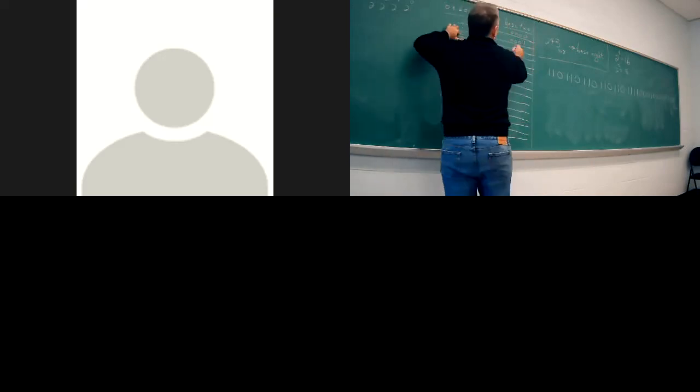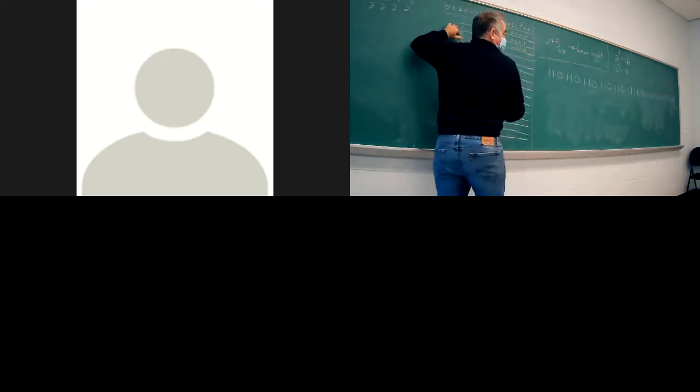So 1 is 0, 0, 0, 1. 2 would be 0, 0, 1, 0. Good. Okay. So 3 would be 0, 0, 1, 1. 1 plus 2. Got it? Okay, so making sure.